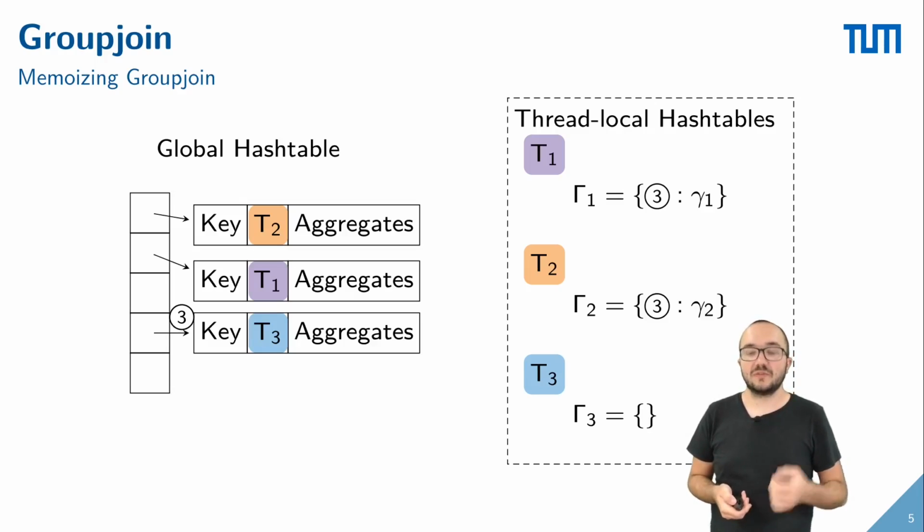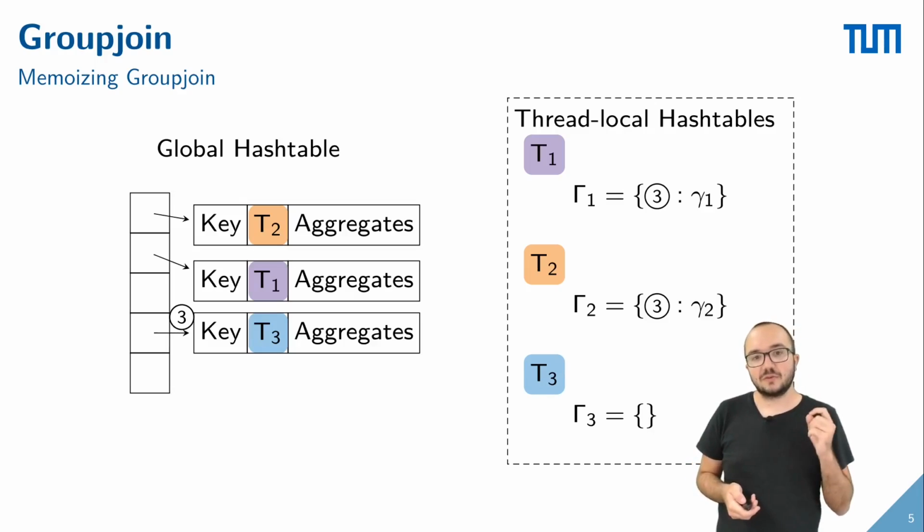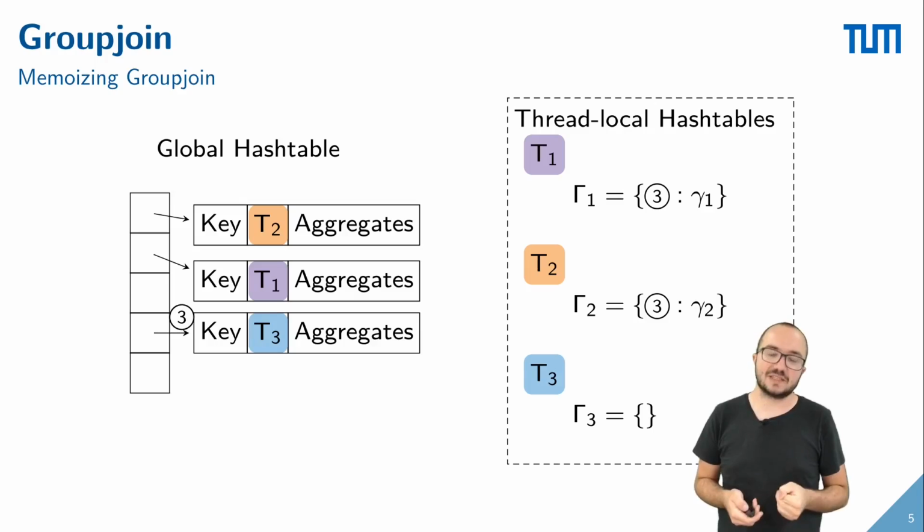Later on, we can reuse this memoized pointer to follow it and update the global hash table in place without going through the global dictionary again.